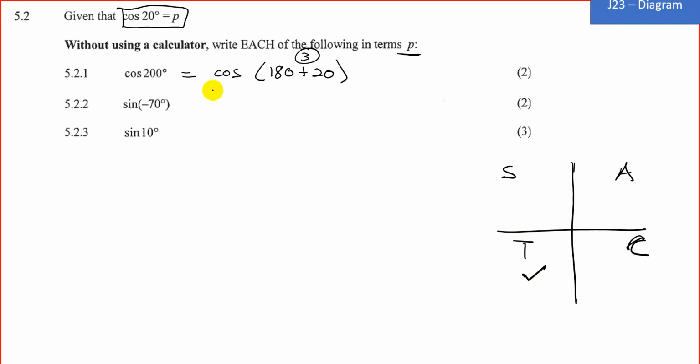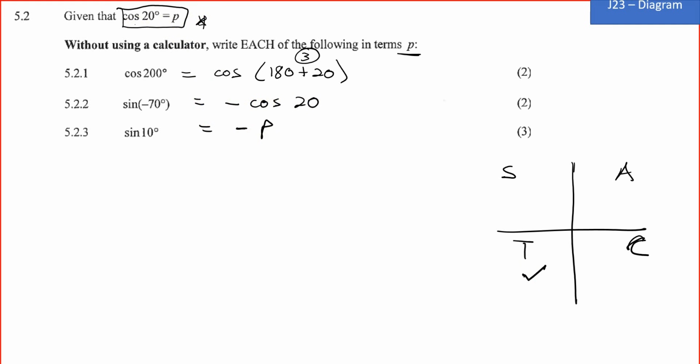Only tan is positive. So this would work out to be negative cos 20 using the reduction formula. And we are given that cos 20 is P, and therefore this will change to be a negative P. And then we have the first question done.